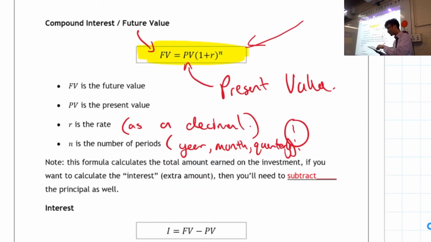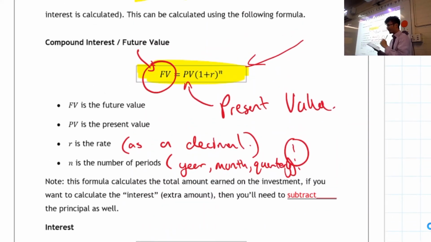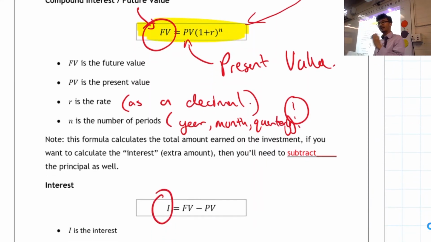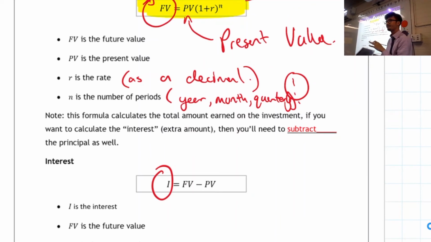Okay. Now, just to make it really clear, FV is the future value. That's what it's going to be worth in the future. If I'm just interested in the extra amount, what do you think this formula is telling you to do? Because the future value is what it'll be worth in 5 years or 10 years' time. But if I want to compare how much extra I've got, you have to do a calculation.